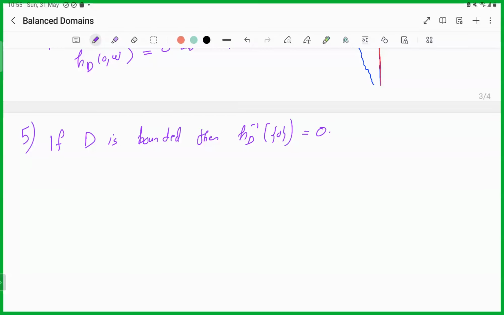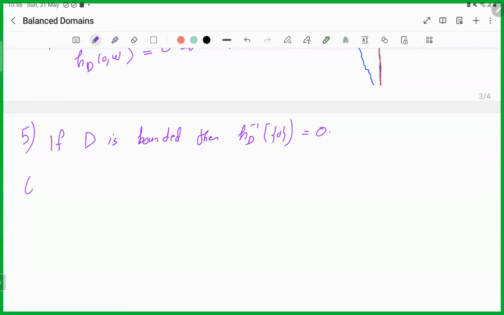We already discussed that if D is bounded, the ray passing through the origin in the direction of any Z in Cn must intersect the boundary. So we can attain a bound for the infimum. So h_D is not equal to 0 for any Z not equal to 0. I'm not proving that; this is very basic.